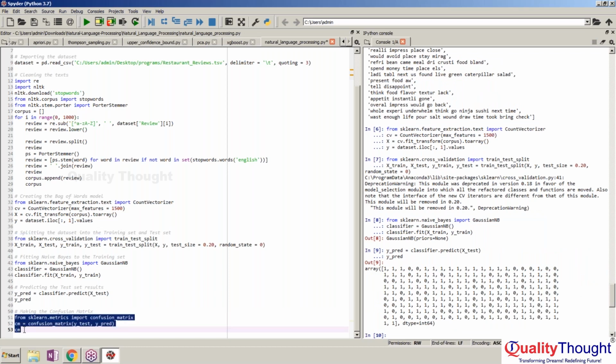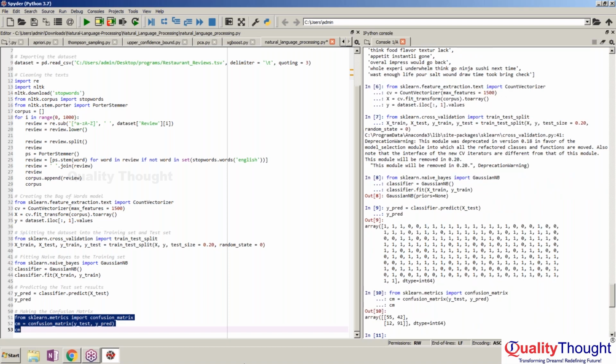And finally, we could see how well the model worked. Not only the Gaussian Naive Bayes model that we can implement here, but also other classifier models, such as logistic regression.